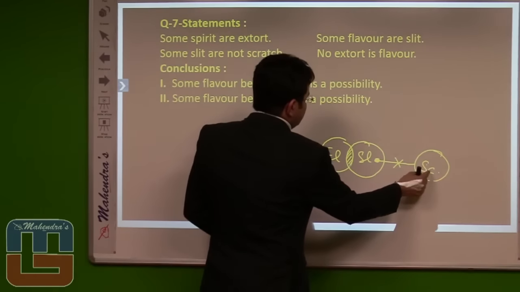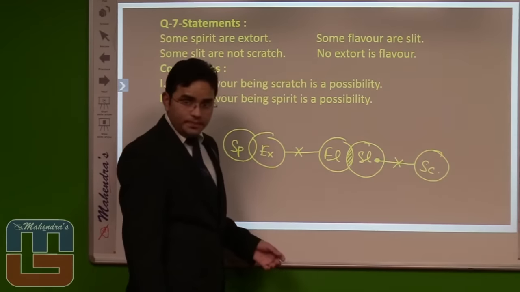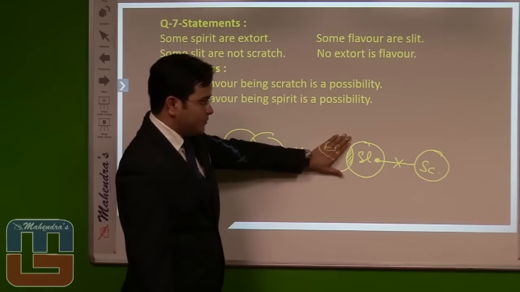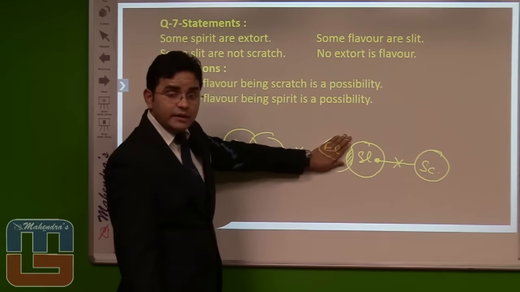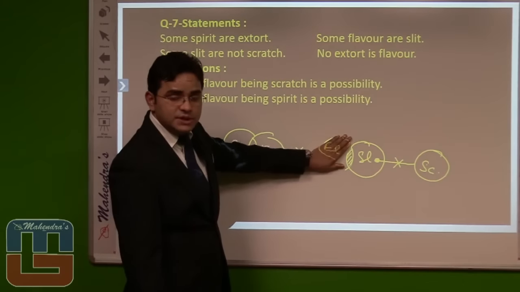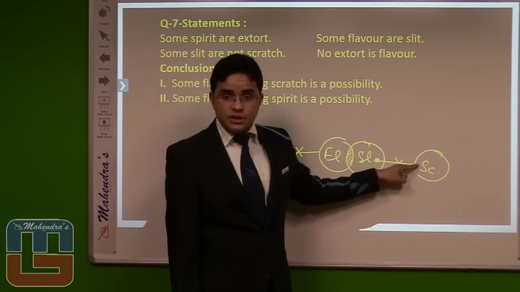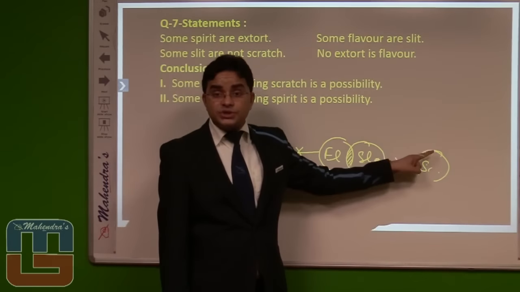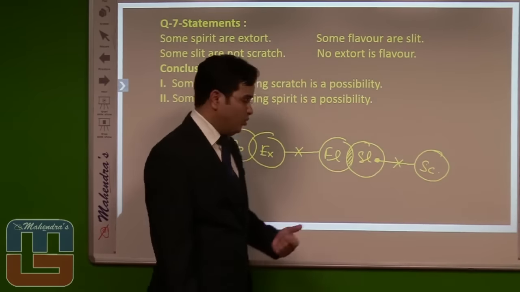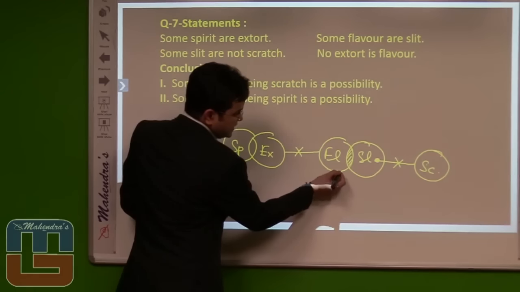Is flower connecting to scratch or not? No. This part of flower is not restricted. This part of flower is not restricted for scratch. It means this part of flower can have a relation with scratch. How? Let's check it. We can draw a scratch like this.